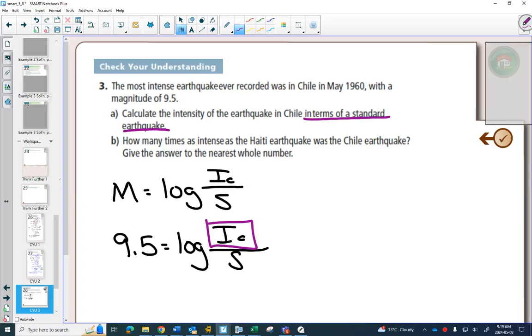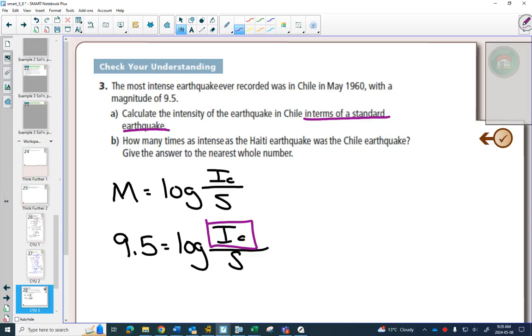Now I'm solving for something inside of a logarithm. If you want to solve for something inside of a logarithm, we need to get a single logarithm, which we already have. And then we need to do the step that I said you forget. So what's the next step? What do I do next? Has everybody forgot already? Great.